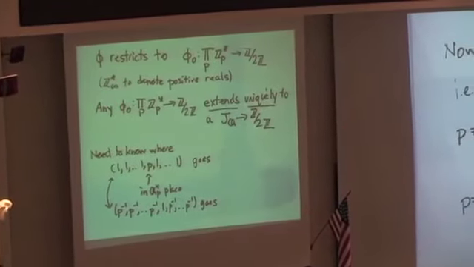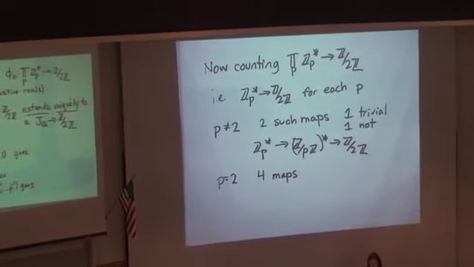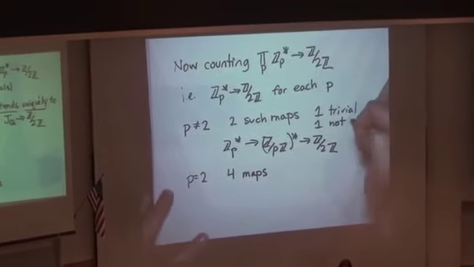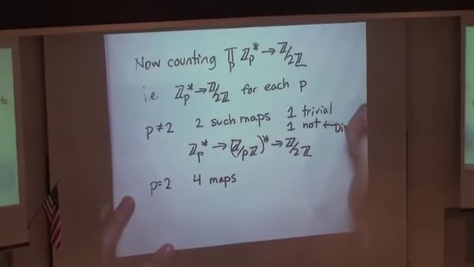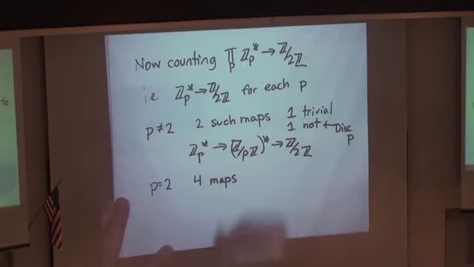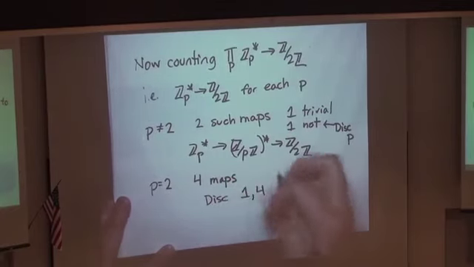So, in fact, the trivial map corresponds to a trivial extension, that is, discriminant 1. This one here has discriminant p, and these 4 maps are a little more complicated. They have discriminants 1, I guess, 4, 8, and 8.